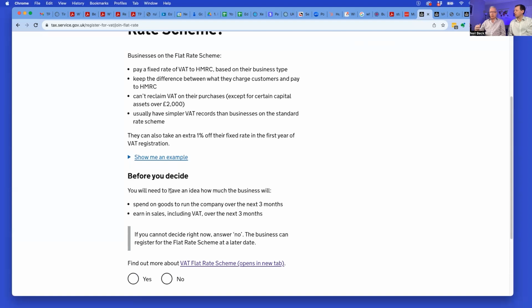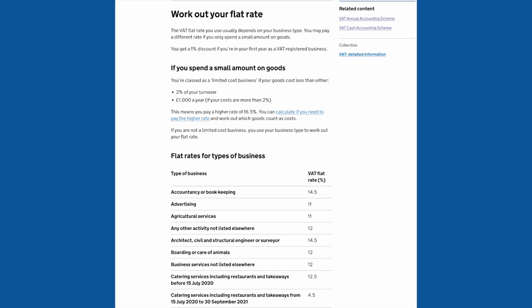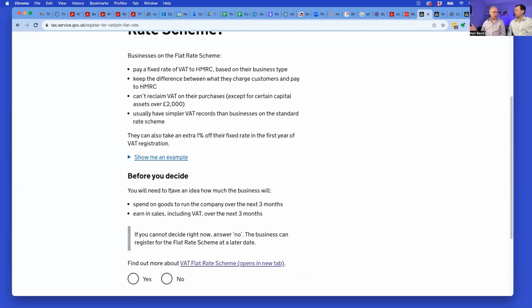I've got one invoice, it's £100 plus VAT's 120, and instead of working out how much input VAT, you just apply this flat percentage to your gross turnover to work out how much you owe. The highest percentage is 16.5%. 16.5% of £120 is £19.80. So you're pretty much paying all the VAT over.